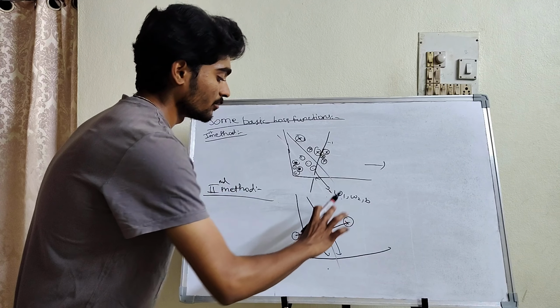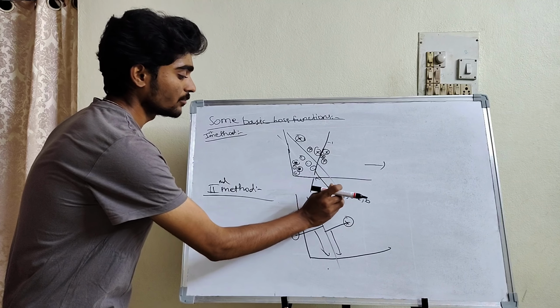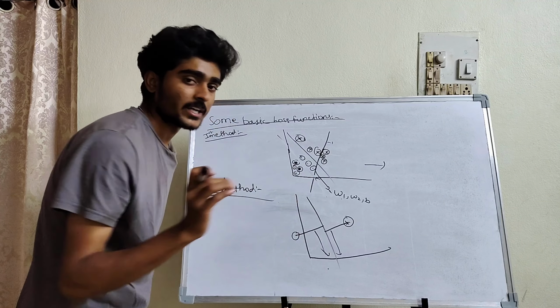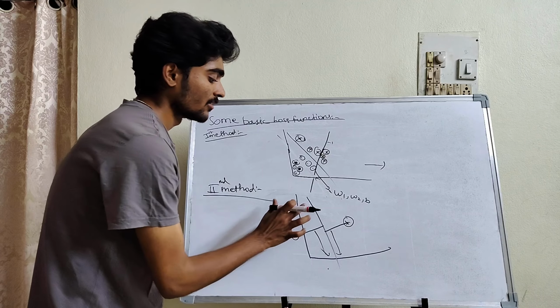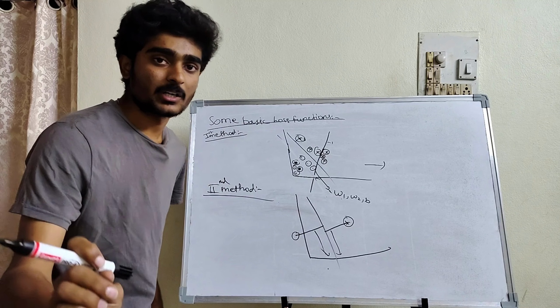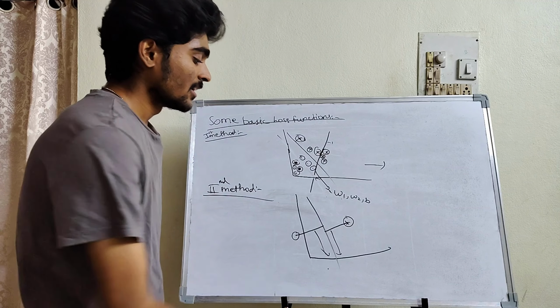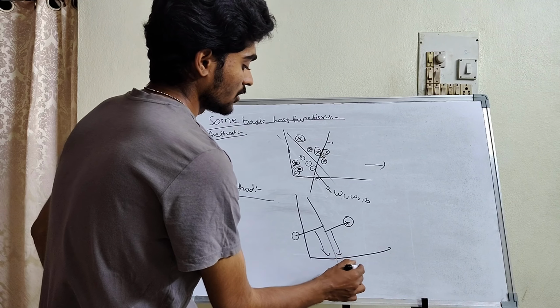Similarly, when you have any number of data points, you calculate the perpendicular distance from each data point to the line, and you add up all those distances, and at the end what you get is your loss.